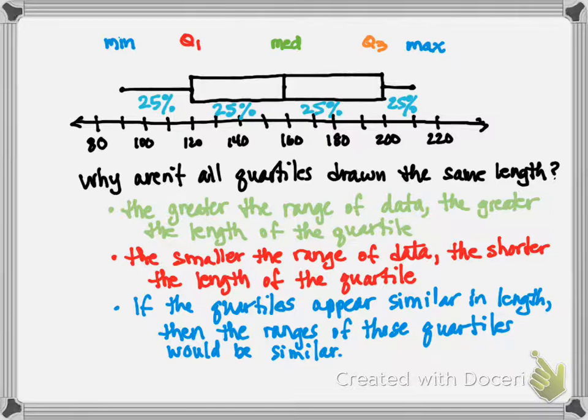So let's do an example that will take our data, turn it into a box plot, and then we are going to answer some questions regarding what we see in the box plot. Okay, so in our data we've got, we're going to draw a box plot of the car speed data.